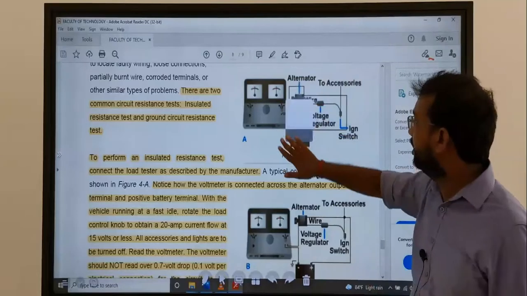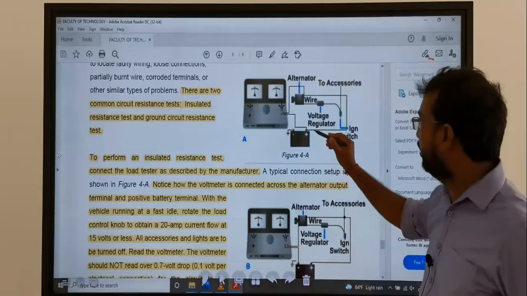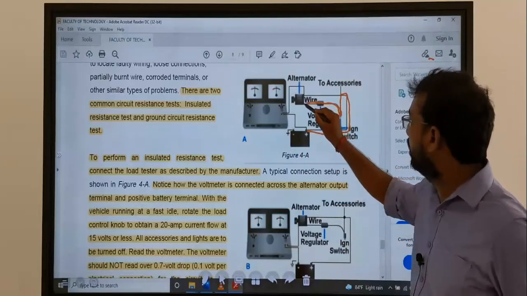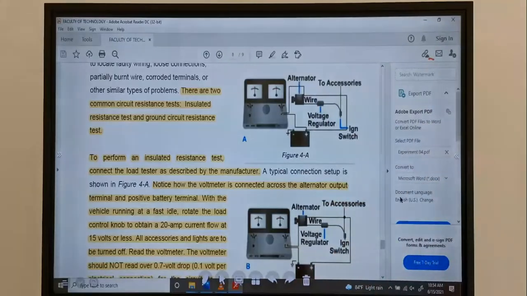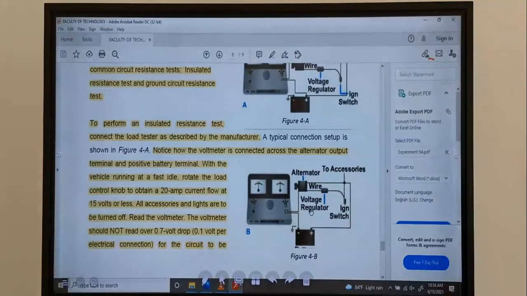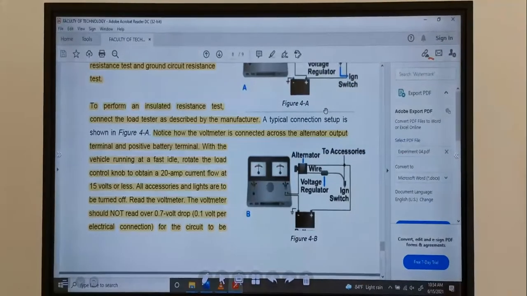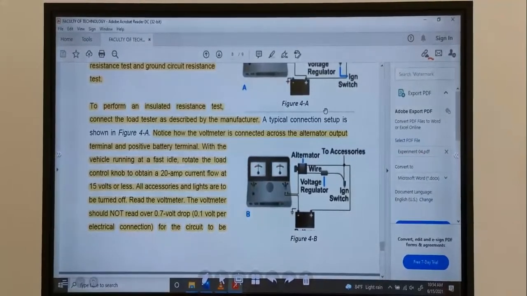I already told you the initial current for the rotor flows like this, through the ignition switch, through the regulator and to the alternator. So now we check the reading. At fast idle, we increase the engine speed and rotate the load control knob.